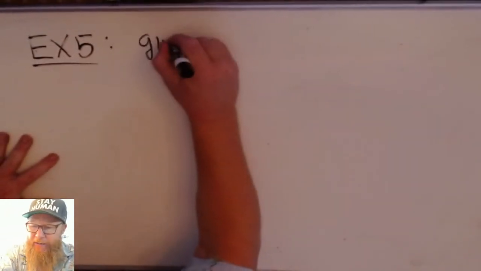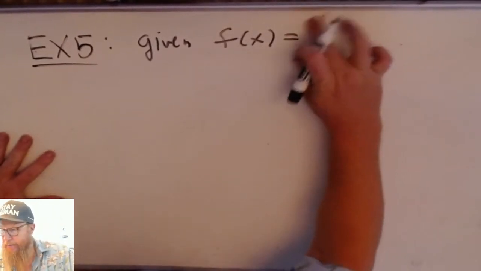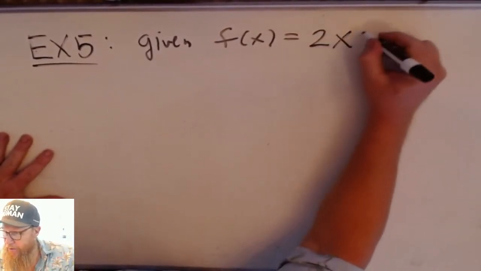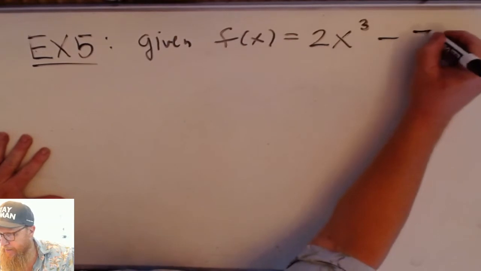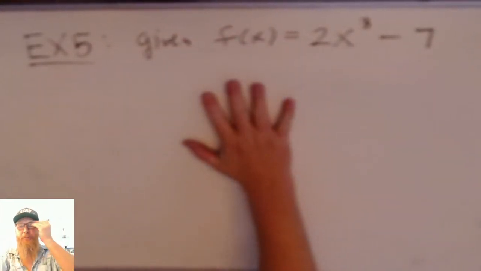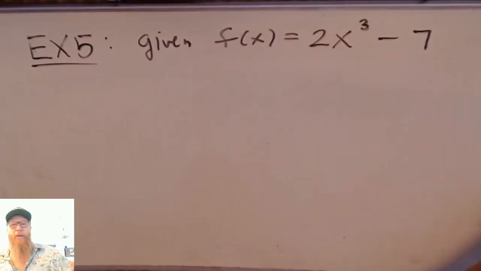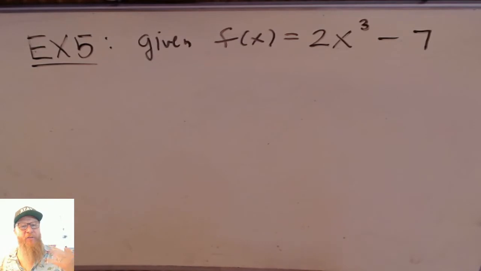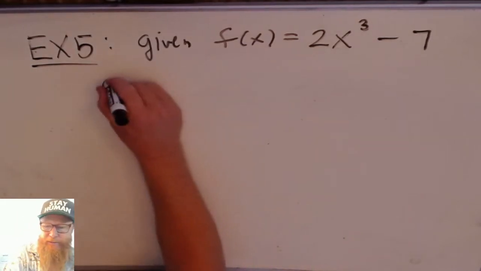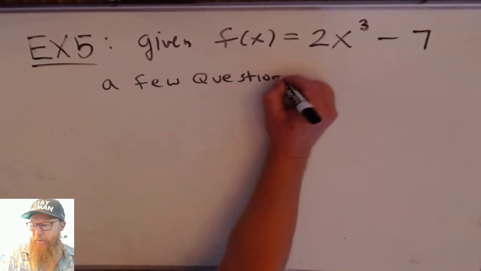So given f of x equals 2x cubed minus 7, I'm going to ask you a few questions before we graph.